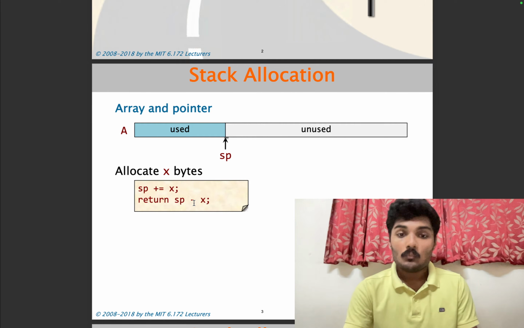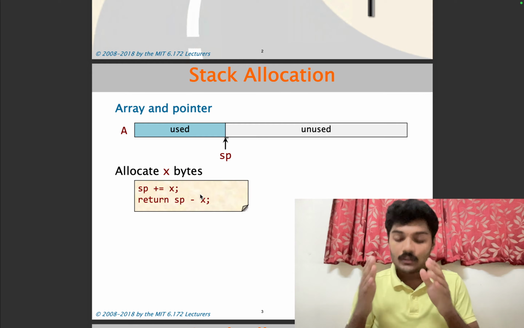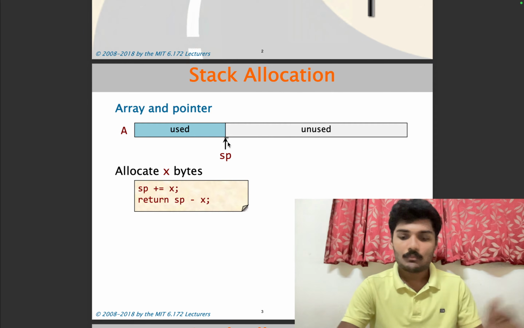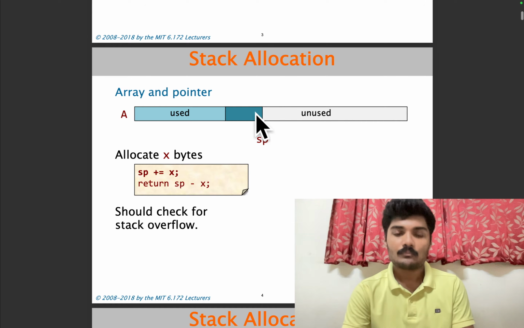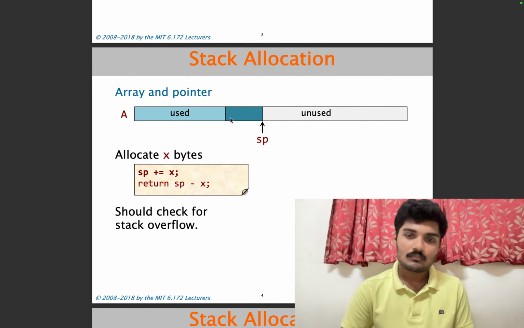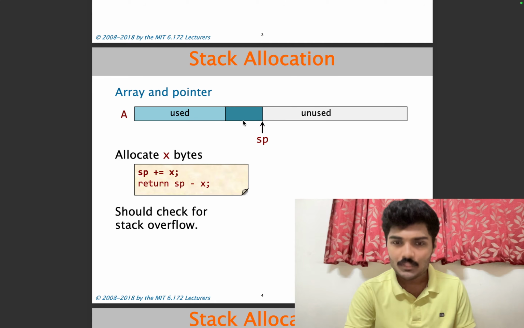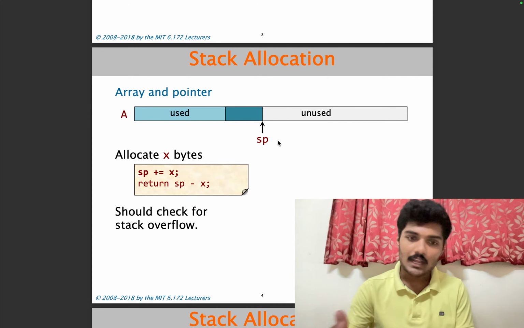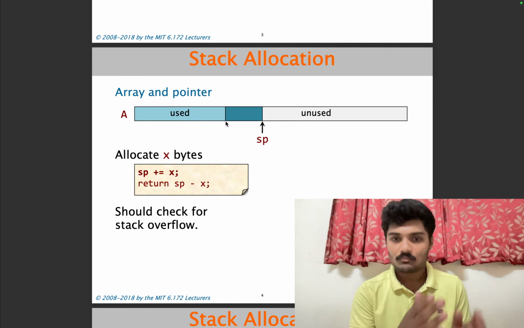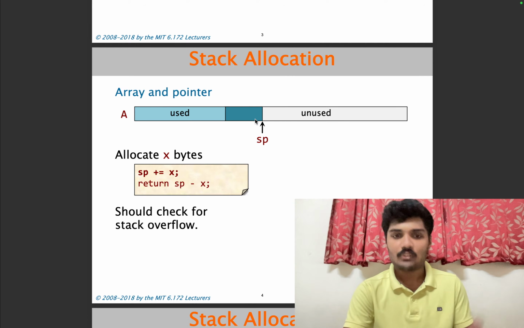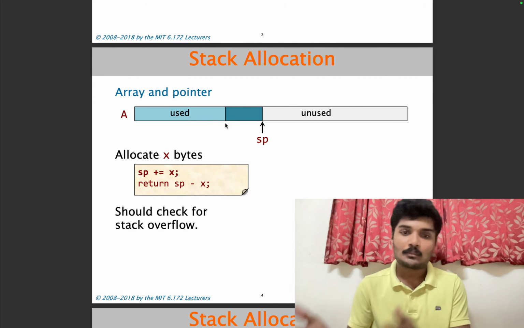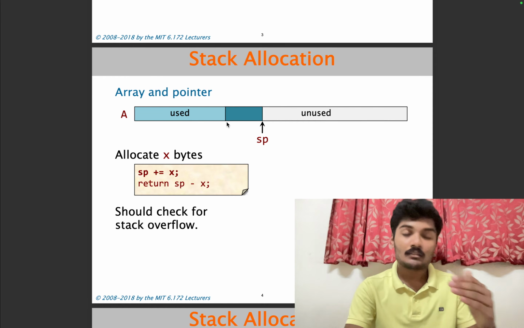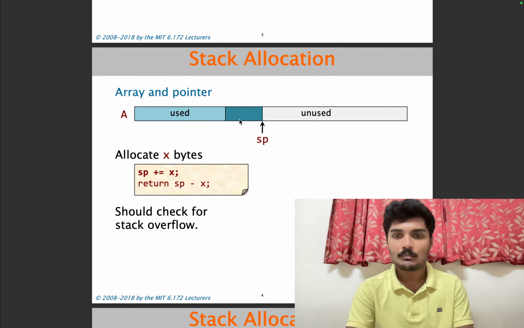As we have seen, when we allocate memory, we are returning the beginning of the allocated block. So this is x bytes of memory. Our sp, the stack pointer, was moved x positions forward, and we'll be returning sp minus x, which is this point in the memory, the starting address of the newly allocated memory.